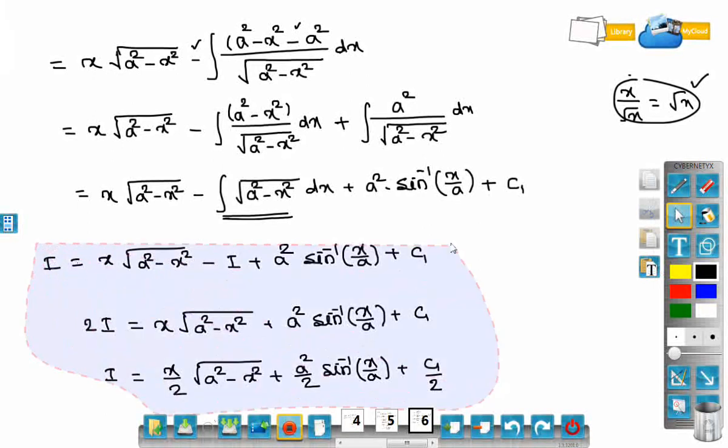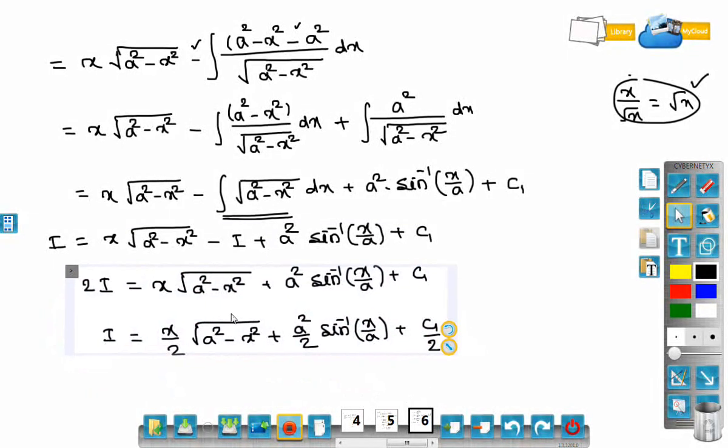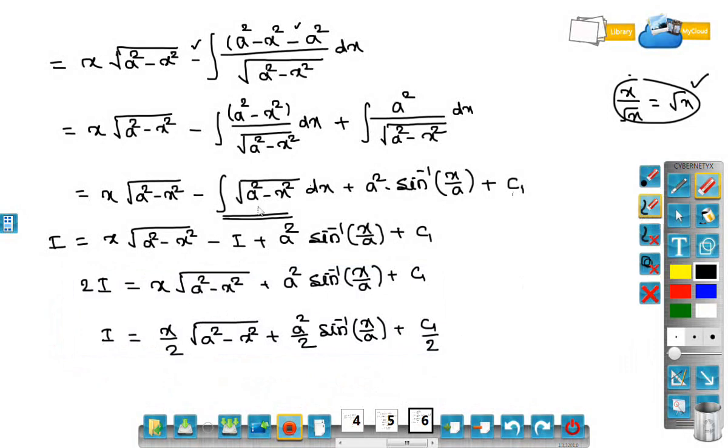I is nothing but the integral of under root of a square minus x square. The conclusion now. I is the integral of under root a square minus x square. So it gives me the required result. That's all.